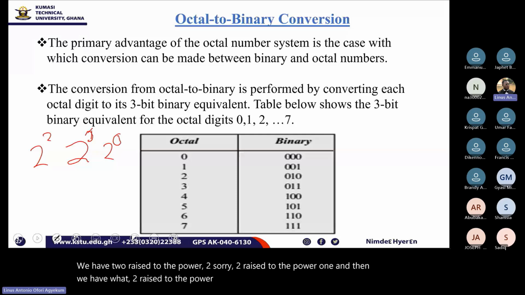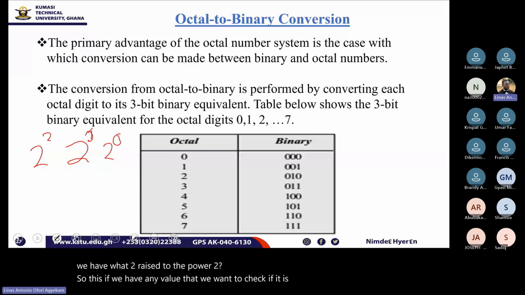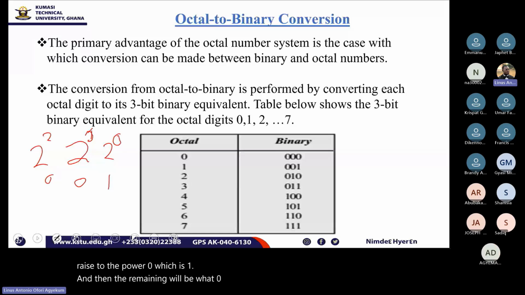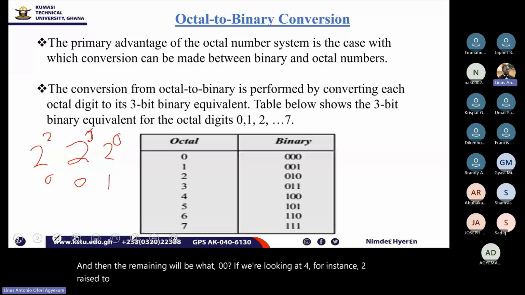So if we want to check a value, if it is 1, it means 2 raised to the power 0, which is 1, and the remaining will be 0, 0. If we're looking at 4, for instance, 2 raised to the power 2, which is 4, would become 1, and the rest will become 0, 0.